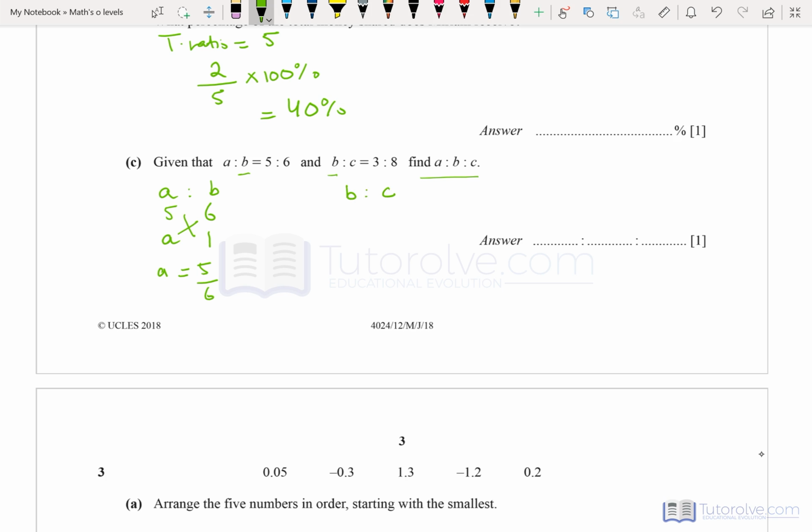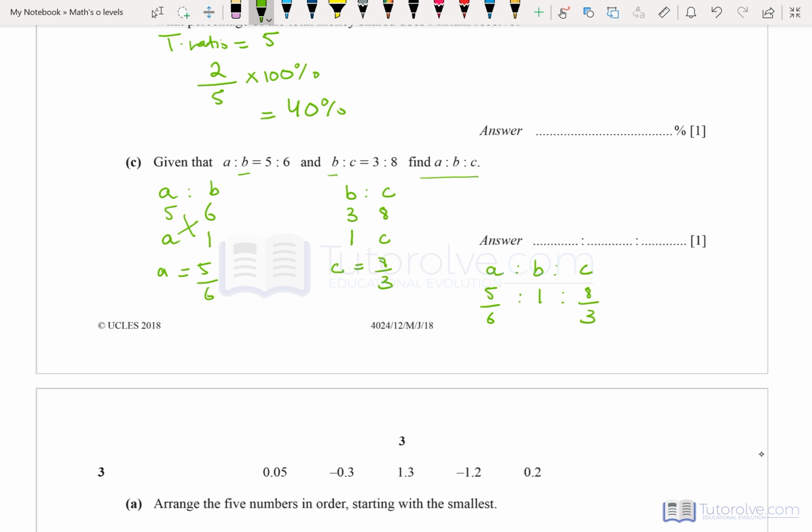B ratio C is 3:8. So if B is 1, what would C be? And this is again a straightforward ratio. So C would be 8/3. So basically the ratios that we are having are 5/6, 1, and 8/3. But these ratios are supposed to be in whole numbers.